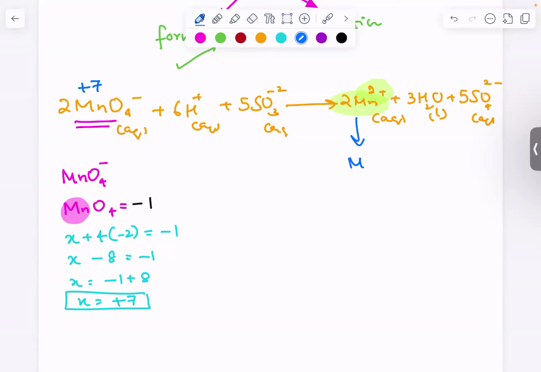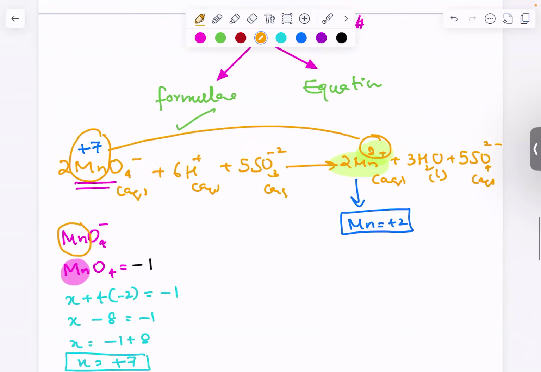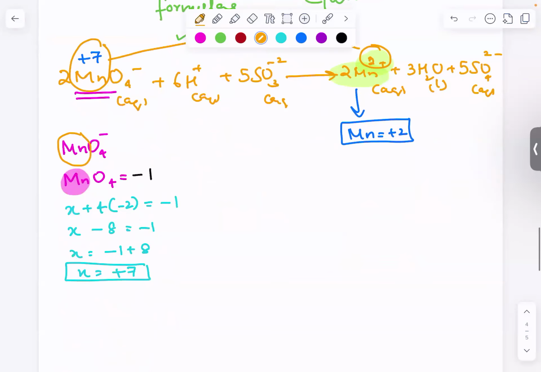It's already there that Mn here is +2. Can you see that Mn has changed from +7 to +2? So that is reduction. Well done. So you can deduce that manganese has been reduced.